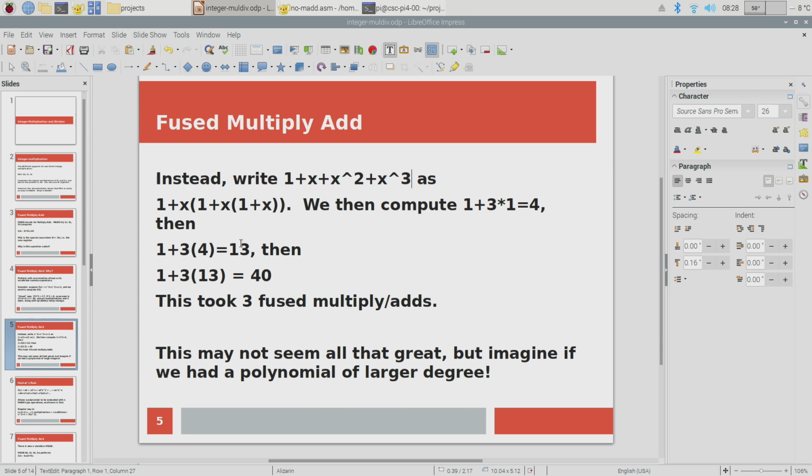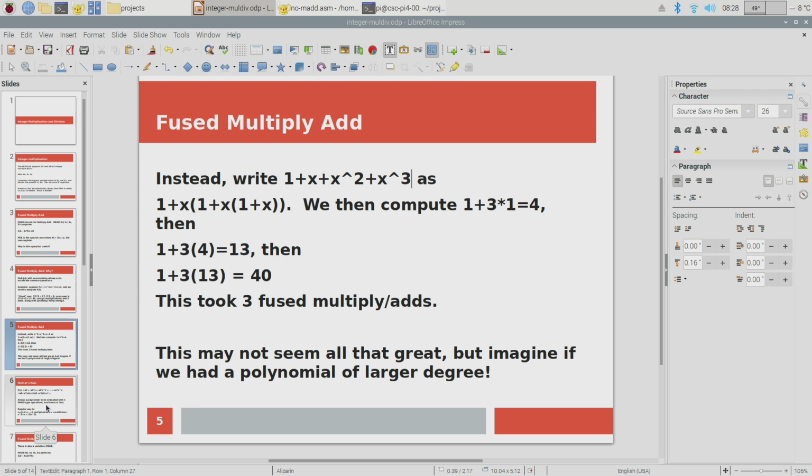So, if we had a big polynomial in terms of degree, then I guarantee you this would speed things up quite a bit. And actually, this wouldn't work for, say, sine or cosine, but let's take the Taylor polynomial for, say, e to the x.